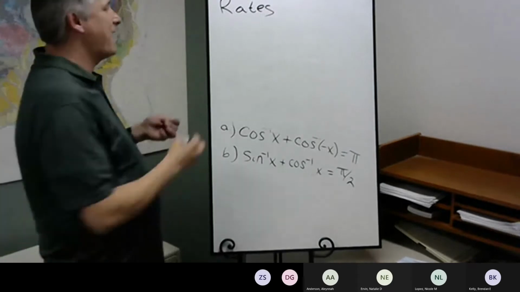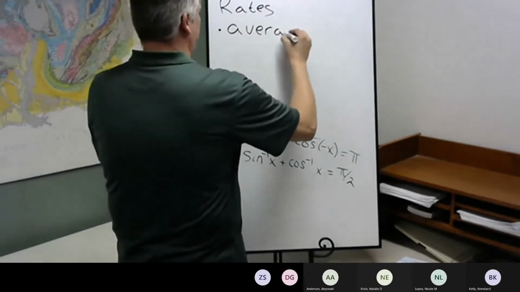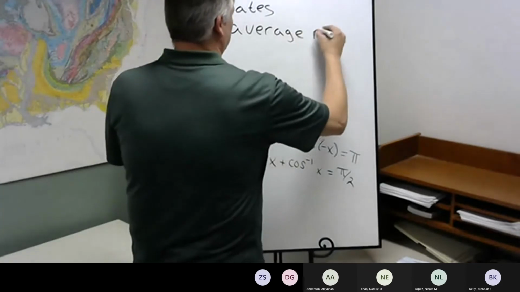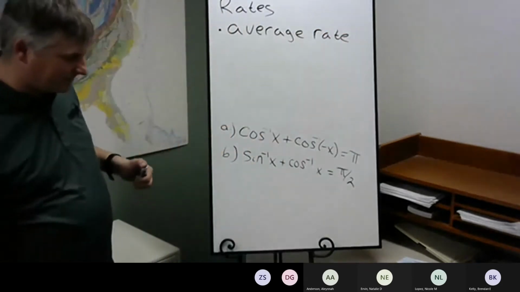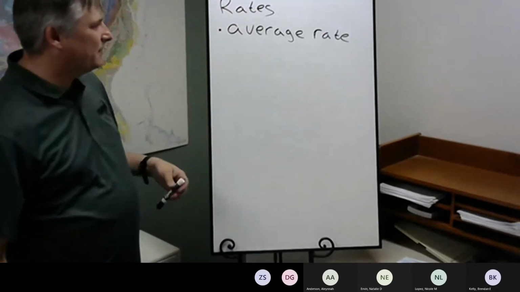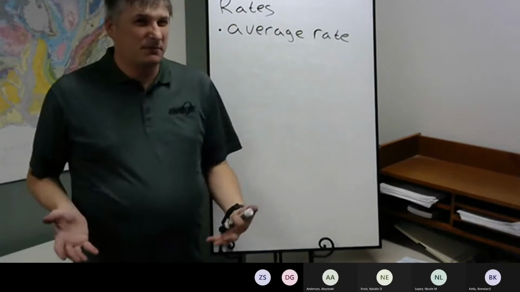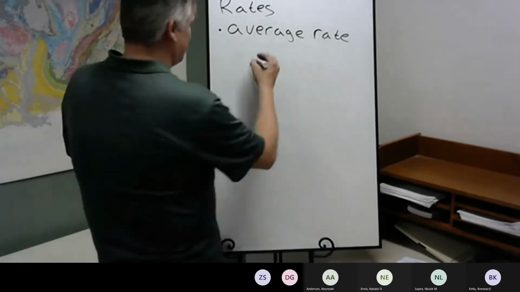The first is the average rate. We're talking rates, so we usually deal with time in this, though we don't have to.